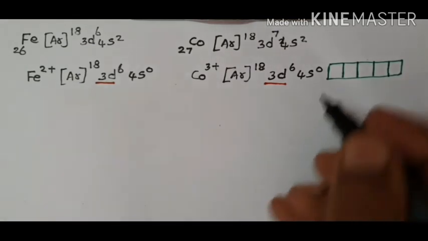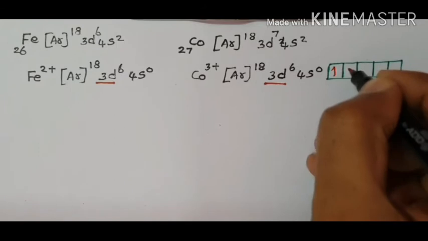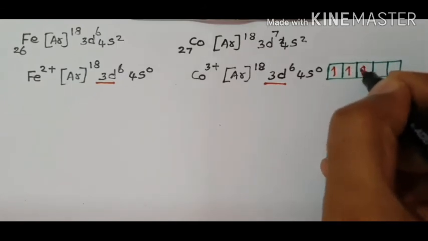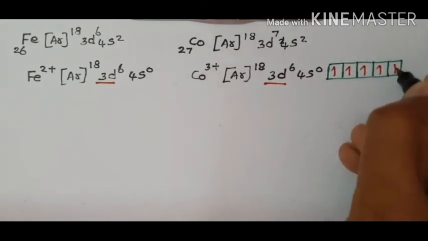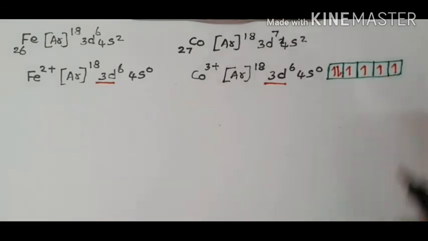How many electrons? 6 electrons. 1, 2, 3, 4, 5, 6. Correct? Now the number of unpaired electrons equals 4.